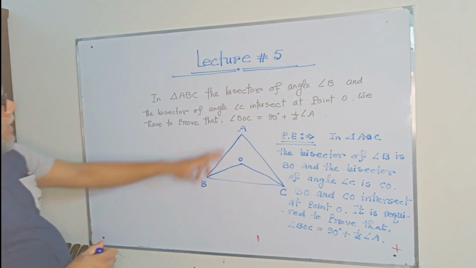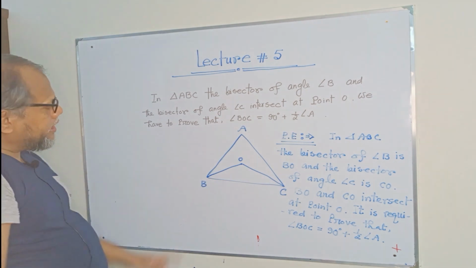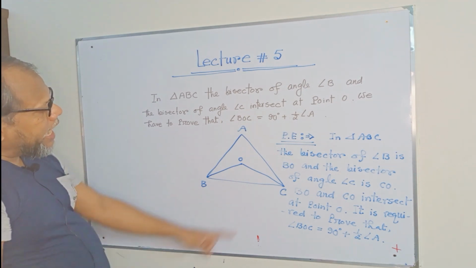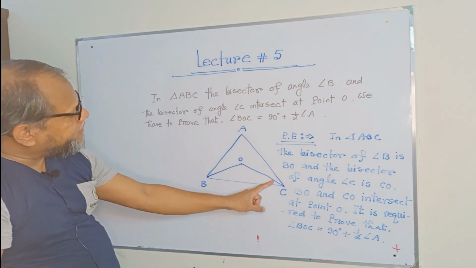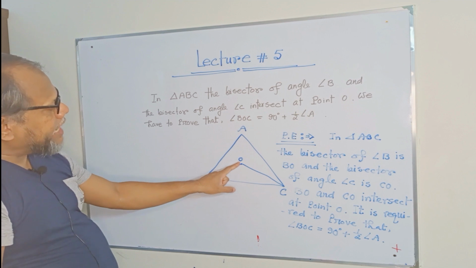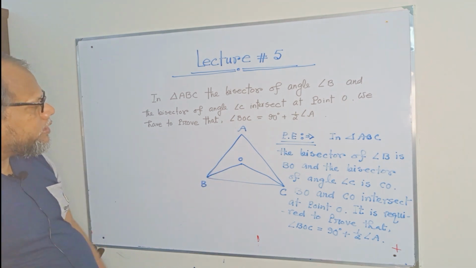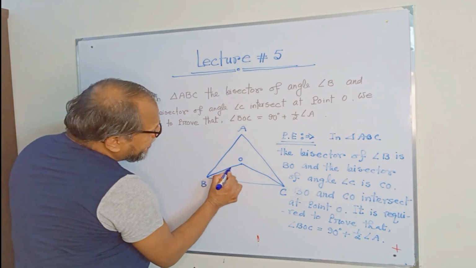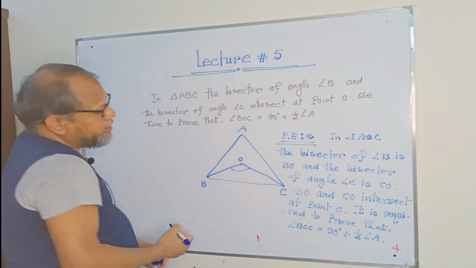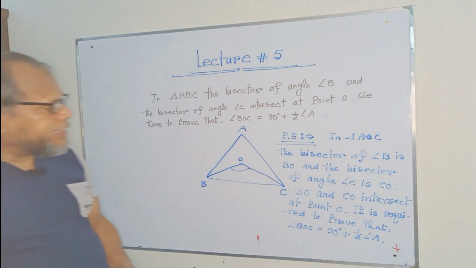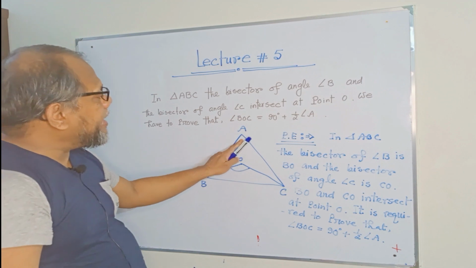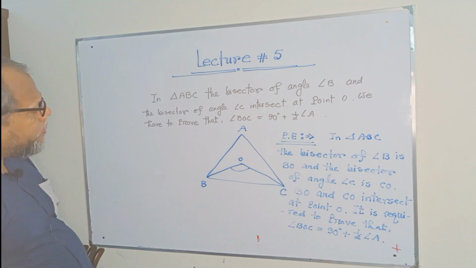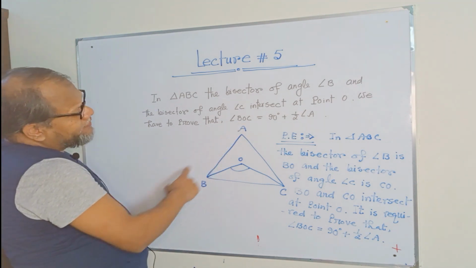Again, in triangle ABC, bisector of angle B is BO and bisector of angle C is CO, intersect at point O. It is required to prove that angle BOC, this angle, is equal to 90 degree plus half of angle A, this angle. Here two angles are produced.